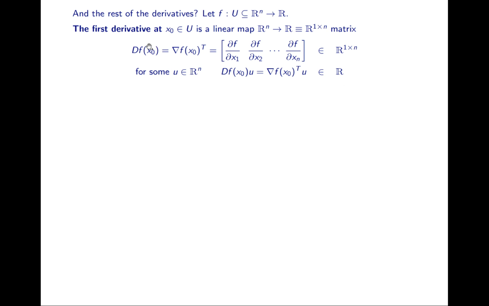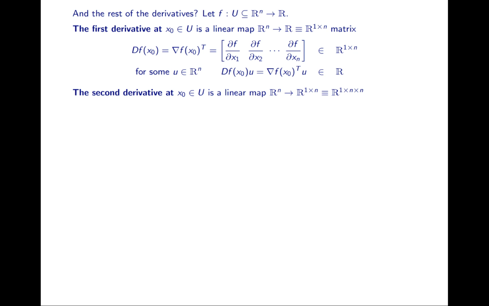And if I apply my derivative to some u in Rn, then I get a number. The derivative maps a vector in Rn linearly to a number in R. Again, the second derivative, which we just went over to review, the second derivative at x0 in u is a linear map from Rn to the value of the first derivative, which is a 1 by n matrix.